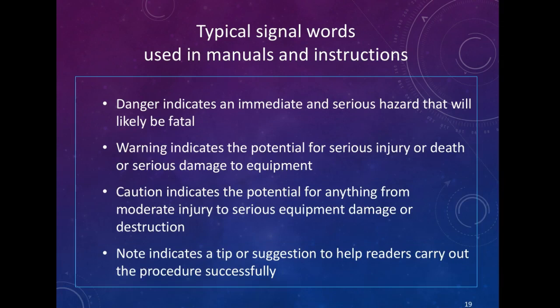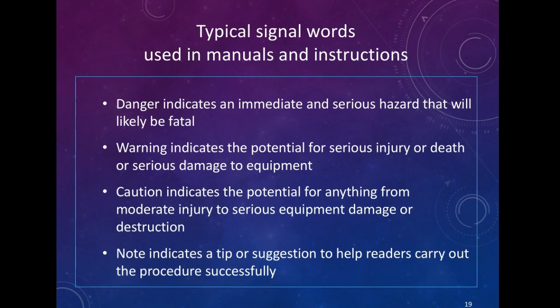Understand what typical signal words are that are used in manuals and instructions. Danger indicates an immediate and serious hazard that could be fatal. Warning indicates a potential for serious injury or death if you're not following instructions correctly.